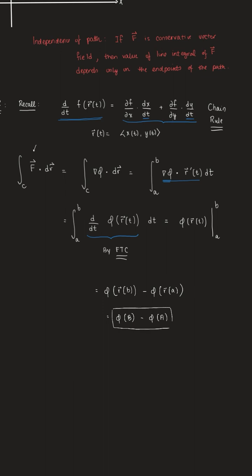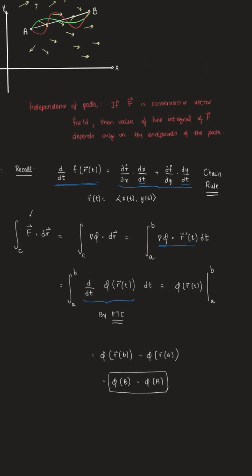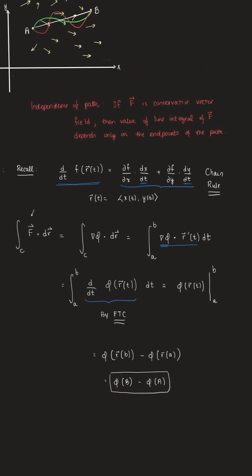And so we have proven the fundamental theorem of line integrals, and it just relies on the fundamental theorem of calculus and the use of the chain rule, understanding that what we have here is actually the derivative of this composition. And when we integrate the derivative of a composition, we get the function itself by the fundamental theorem of calculus, and then we have our result from the fundamental theorem for line integrals.